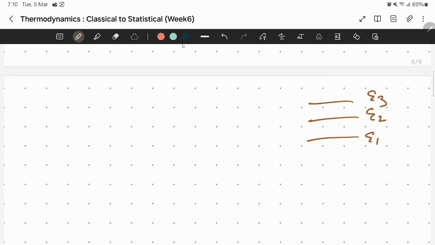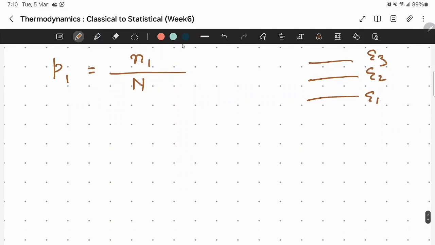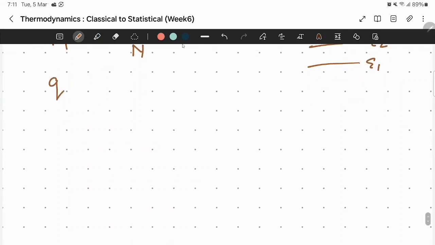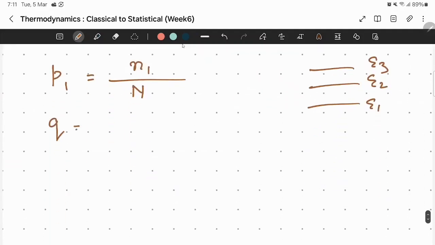Now, if you want to know the probability of finding a particle in any energy level, let's say P1, this will be the number of particles N1 divided by the total number of particles. We know this is the probability. The partition function is defined like this, here with no degeneracy. If Q is the partition function for this system, it will be the sum over e to the power minus beta epsilon i.